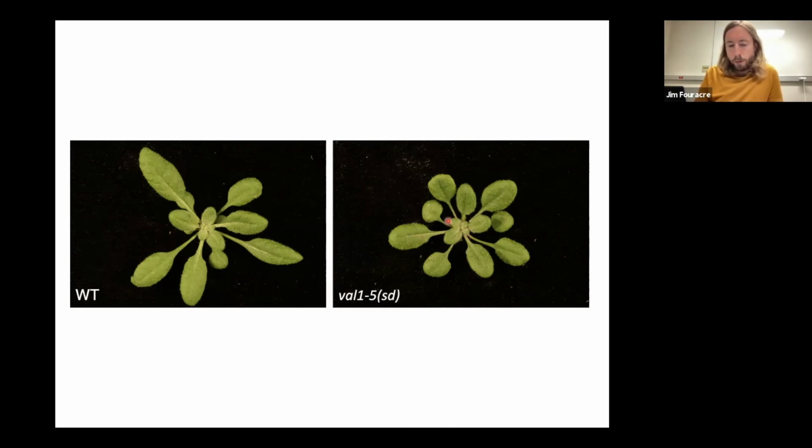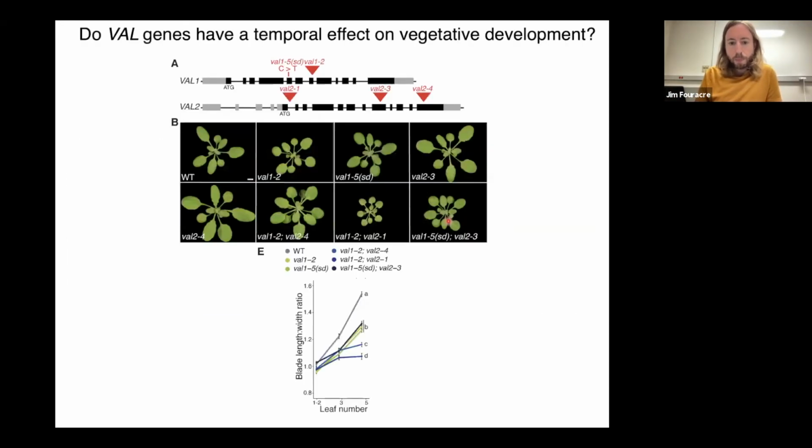So with all this in mind, what I have done is systematically test whether Val genes supply this temporal signal, whether they're the fundamental core temporal regulator of vegetative phase change. The first thing I wanted to test was whether Val genes have a temporal effect on vegetative development, on the phenotype of plants.